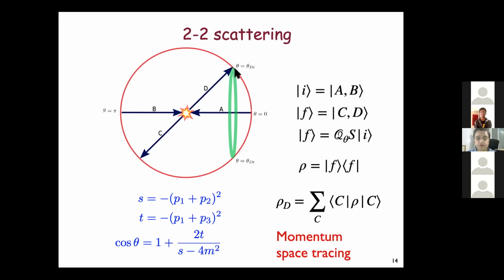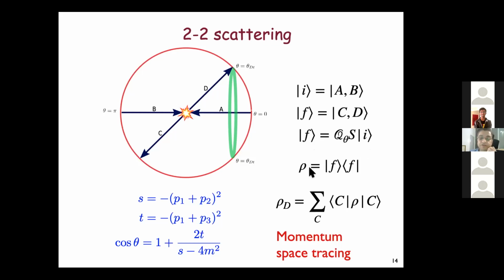Now, because we are imagining that there is a detector sitting at a specific angle, we are going to restrict the momenta of the final state by putting in a projection operator, which will mimic the fact that there's a detector at angle theta. S here is the S matrix operator that takes you from the initial state to the final state.